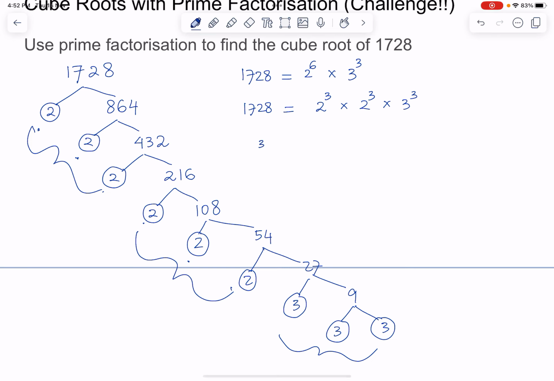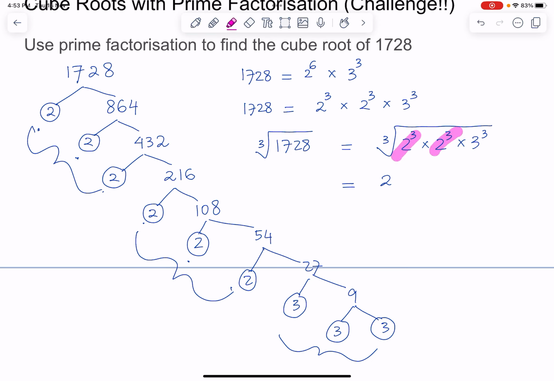So the cube root then of 1728 must be equal to the cube root of these factors. So can we see now that when we do the cube root of 2 cube, result is 2. Cube root of 2 cube, again result is also 2.